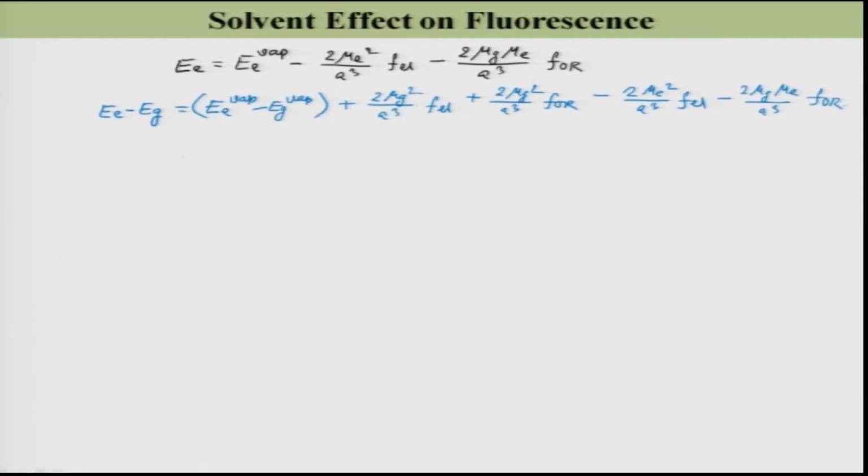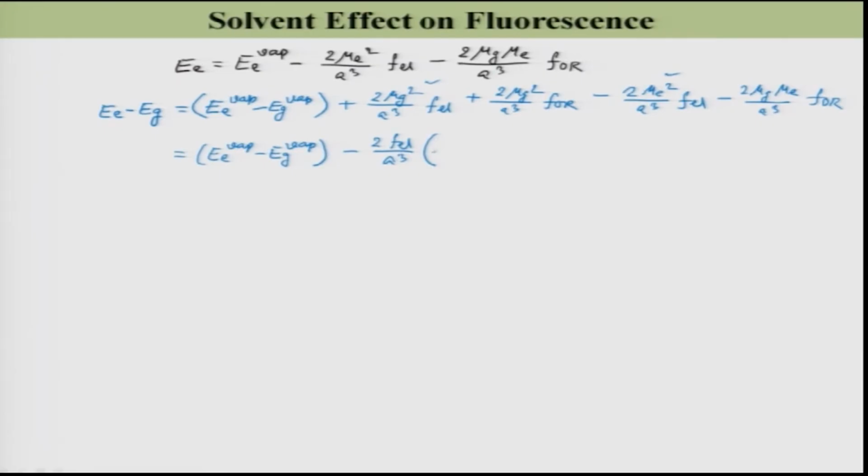So, this is equal to E_E vapor minus E_G vapor, right, minus I will take 2 f_EL by a cube out from here and from here, then this is equal to mu E square minus mu G square, right.